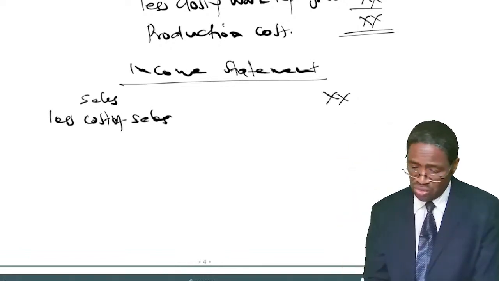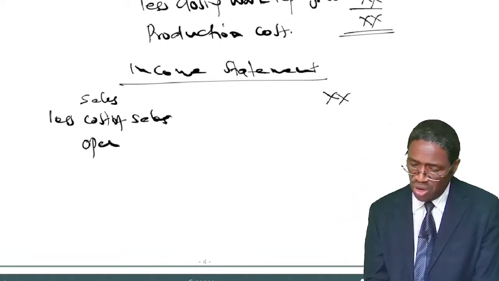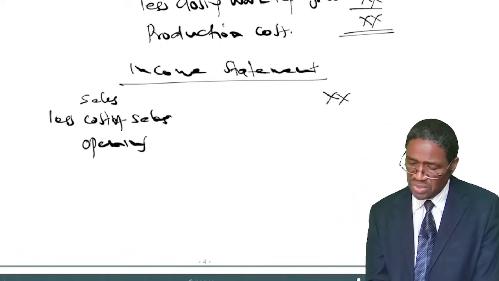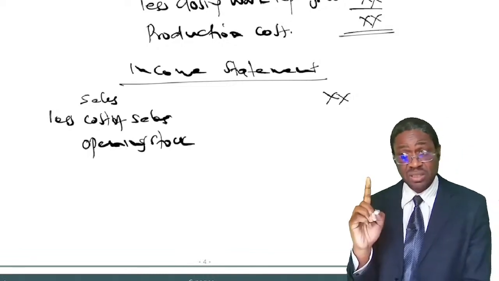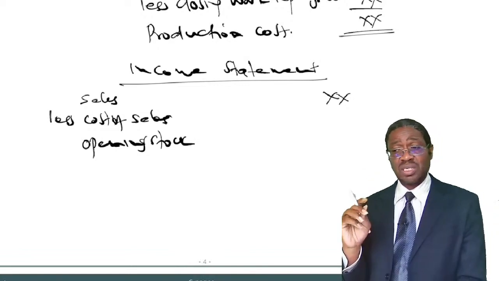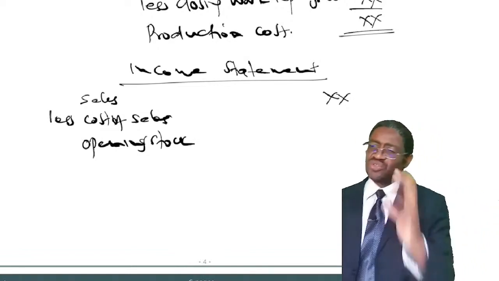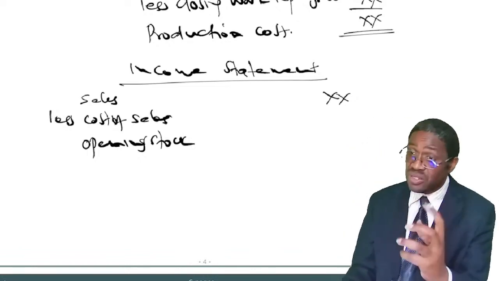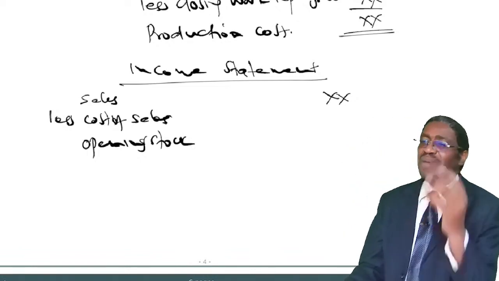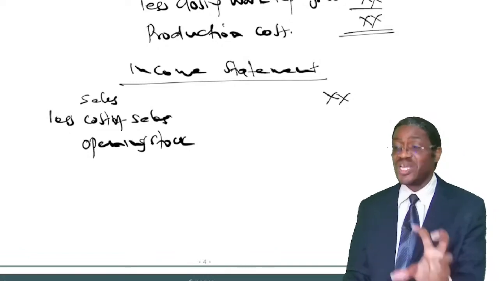To get the cost of sales, you normally start with the opening stock. But now listen. The opening stock that we are discussing is not the opening stock of the raw materials. Remember, now we are no longer in the factory, we are in the showroom.